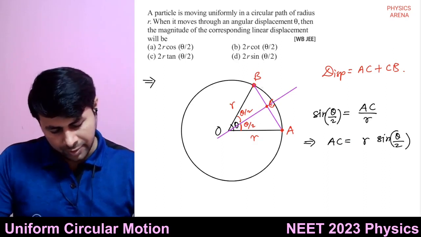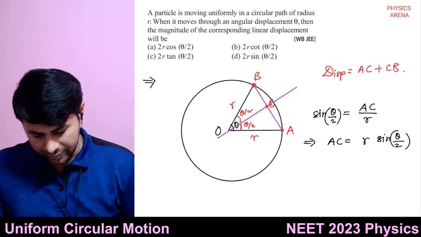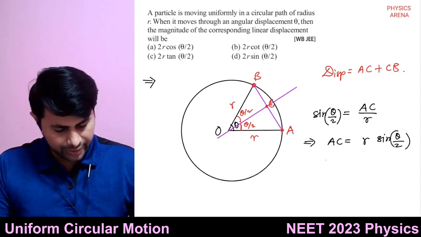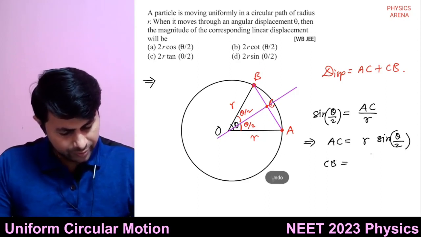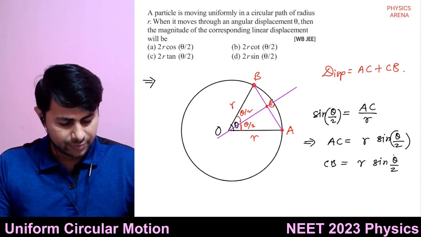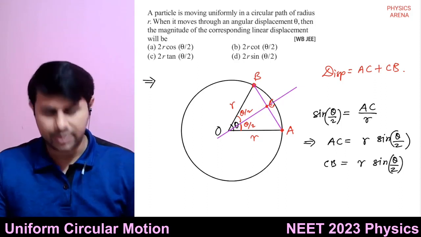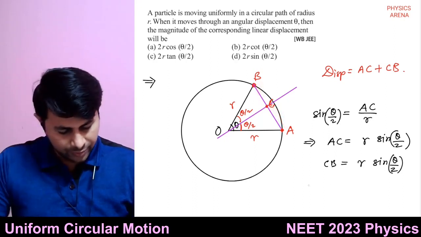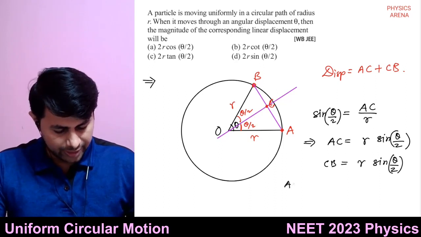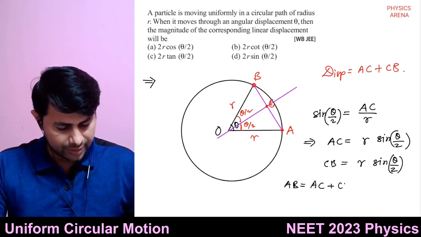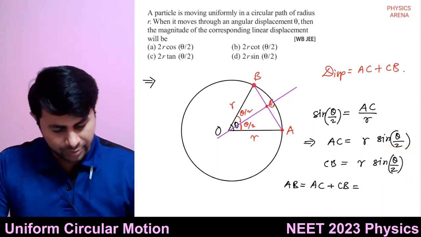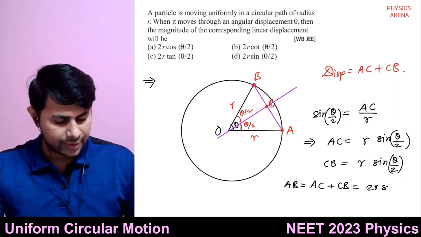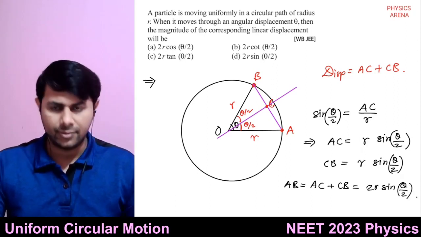And also in this triangle, I can say CB is equal to R multiplied by sine of theta by 2. And the total distance from A to B is this distance plus this distance, right? So displacement AB is AC plus CB, which is R sine theta by 2 plus R sine theta by 2. So it is 2R times sine of theta by 2, right?